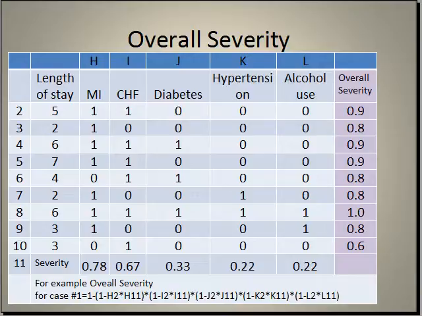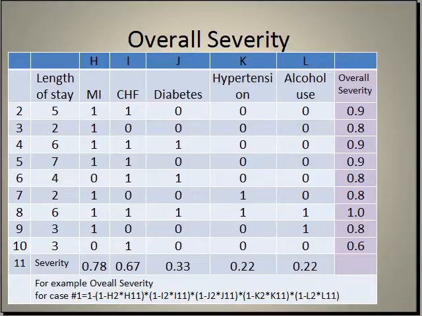As we can see in the formula, for example, overall severity for case number 1, and these are how you do the formula, where H stands for the column H, and H stands for the row and 2 stands for the column. I'll just give you a second to digest the formula and how it's done.